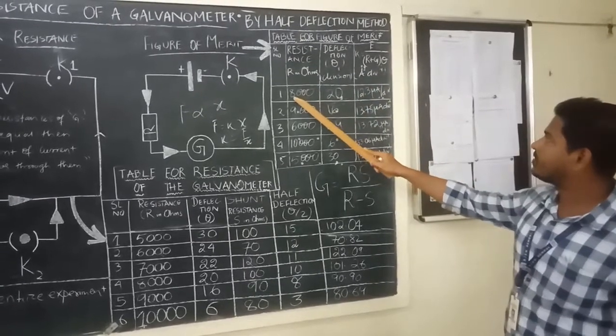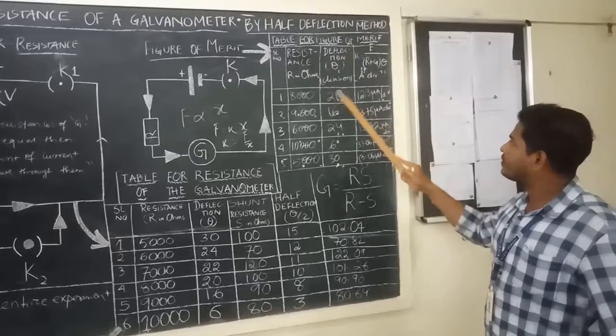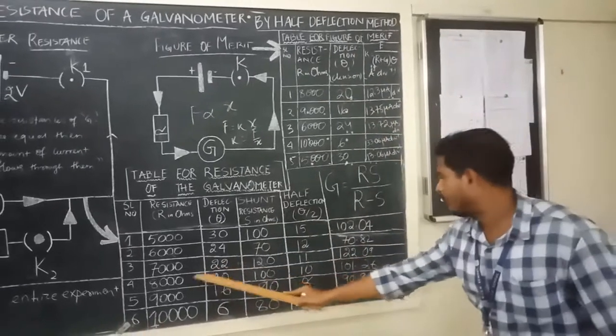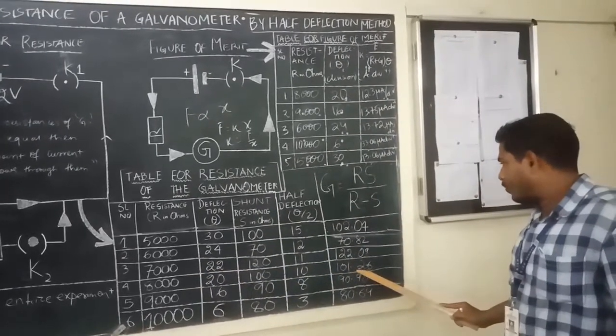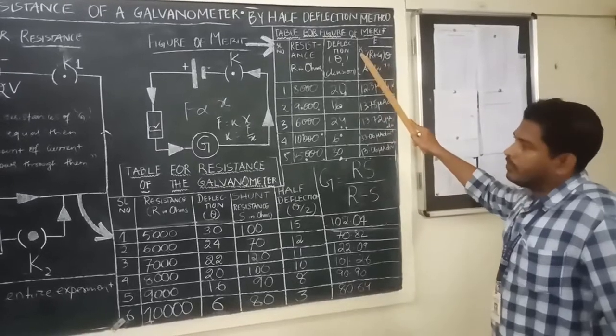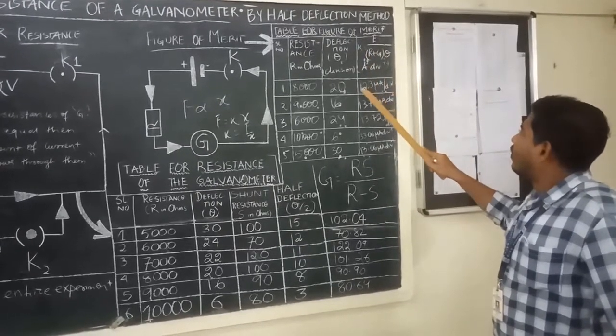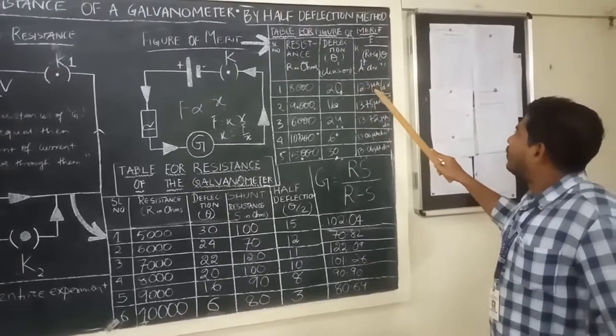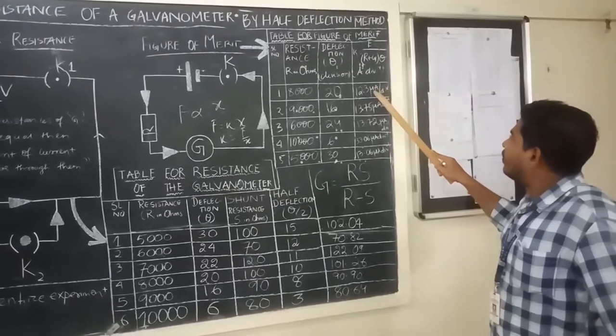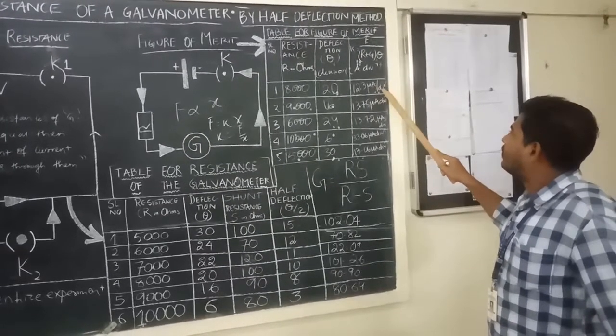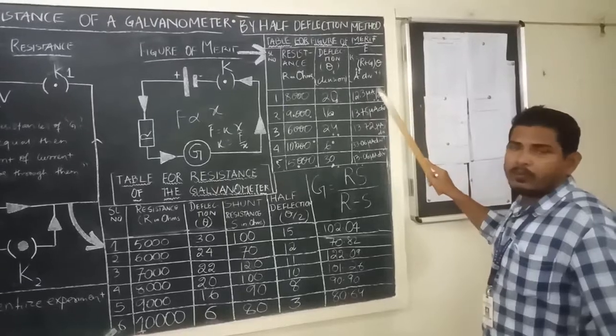For example, for resistance of 8,000 ohm, deflection 20, and respective G value of 101.26, this figure of merit K is coming around 123 microampere per division.